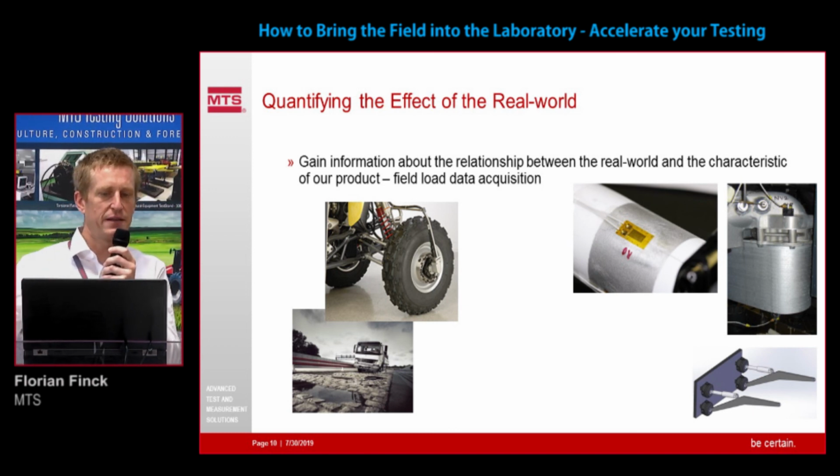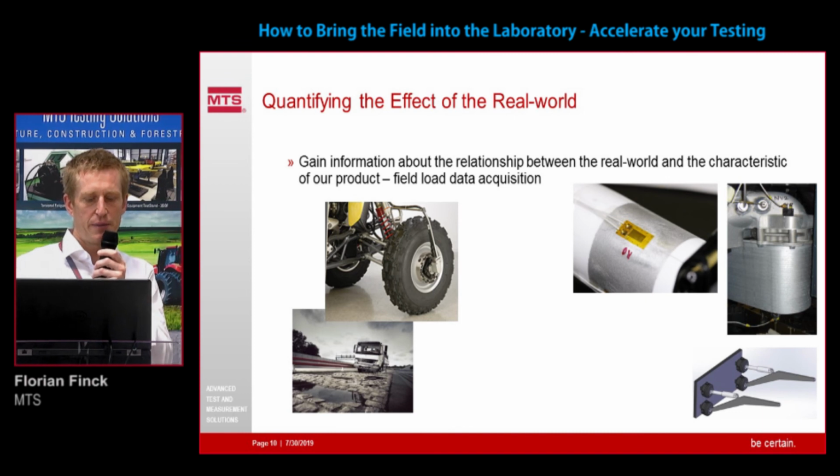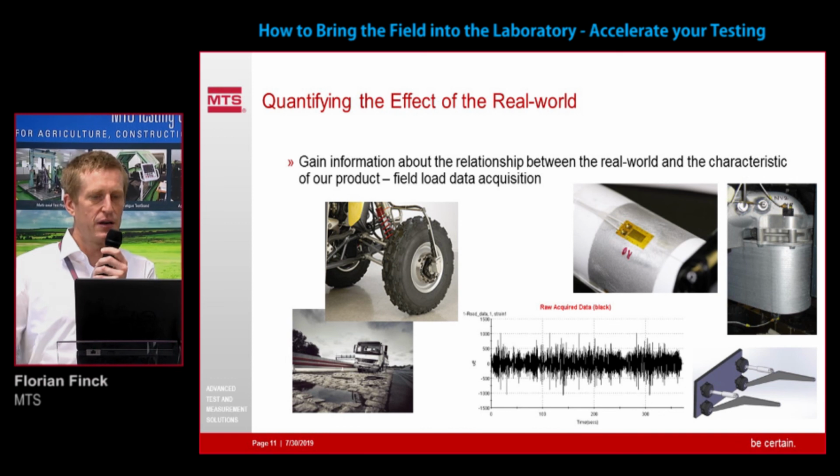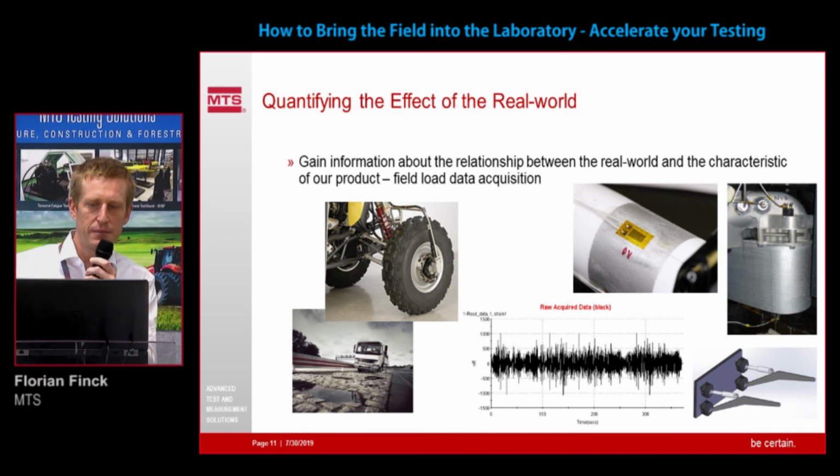You might find data that are not so periodic, in the sense that you have something like a sinusoidal load input. So in some cases you might have very wild signals.